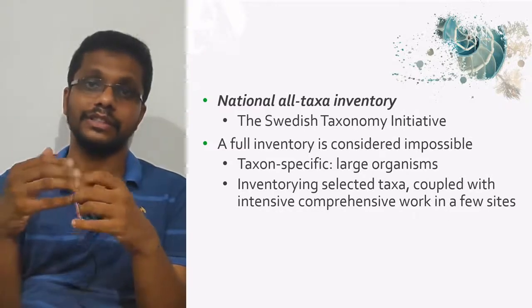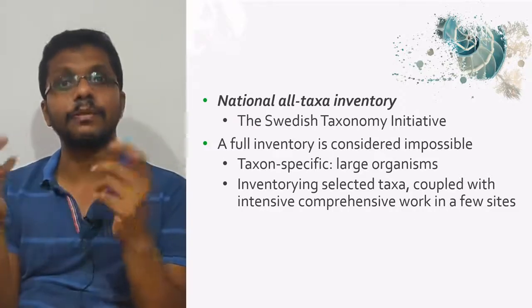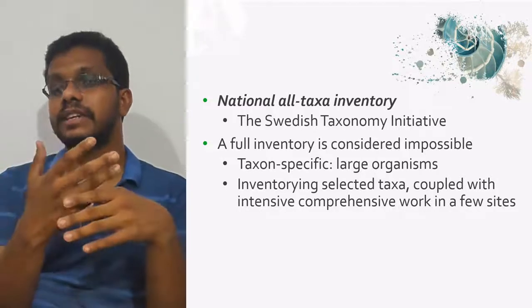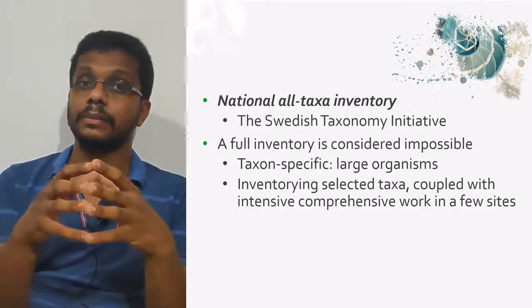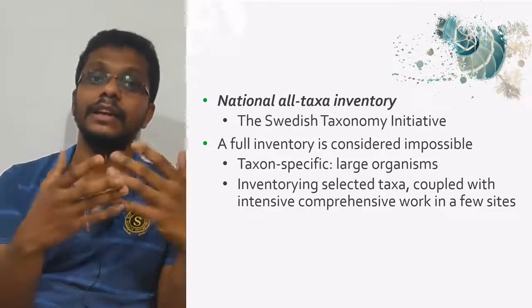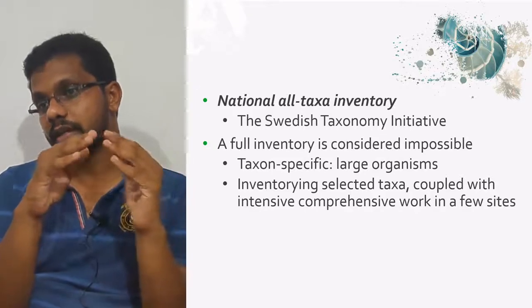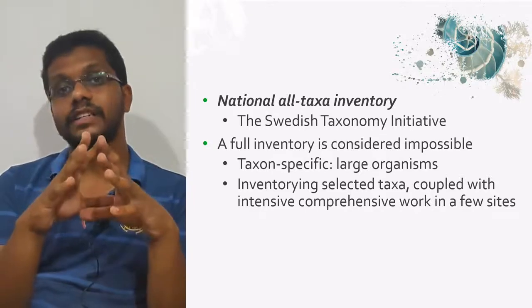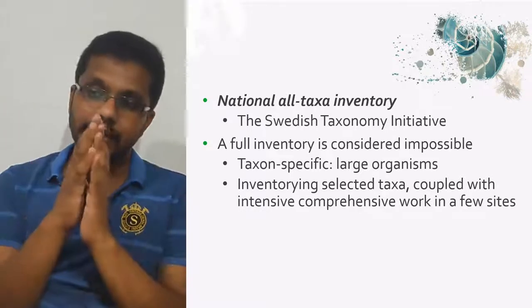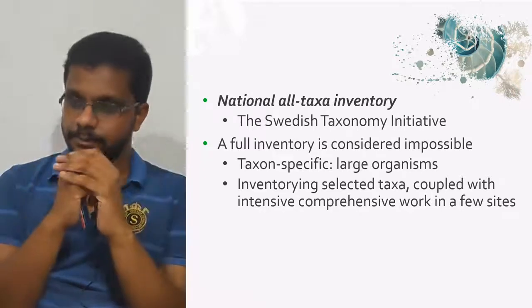In a forest, it is easy to find an elephant, but if you are looking for an insect, it will be very difficult. Or if you want to find a tiger, it will be much easier than finding an insect or a microorganism. So one strategy is to make inventories only for the large organisms, plants and animals. It will be much easier than making an inventory for other organisms.